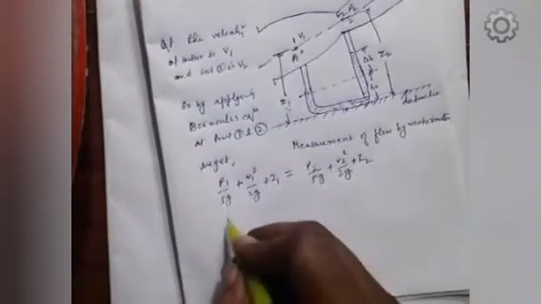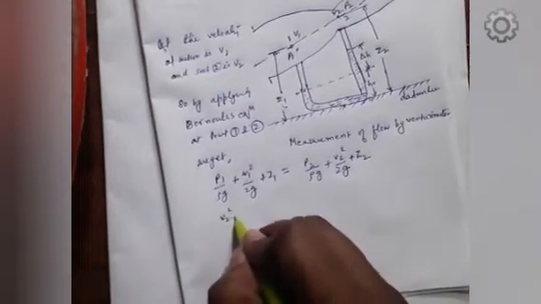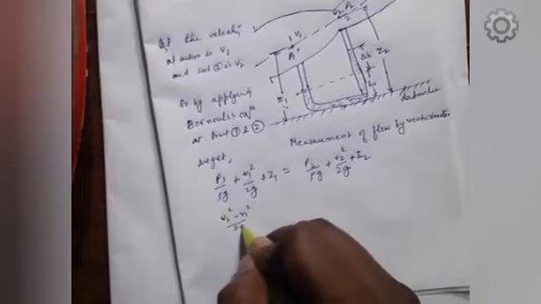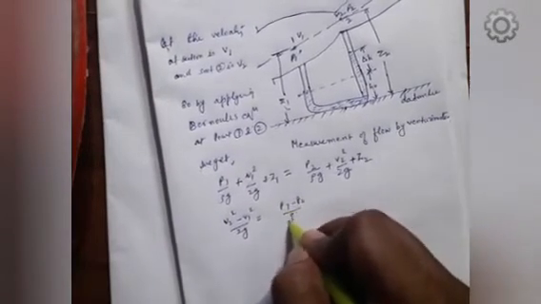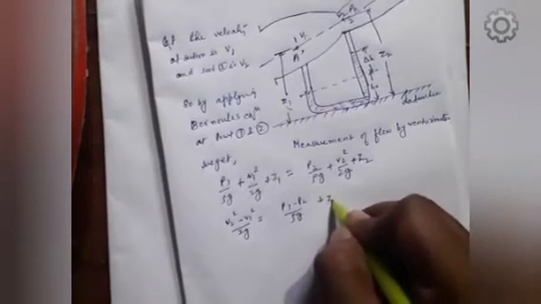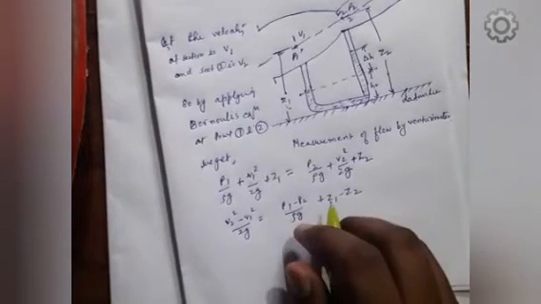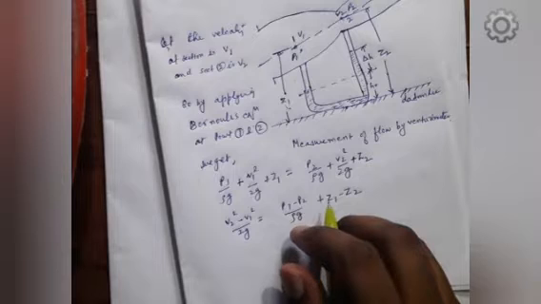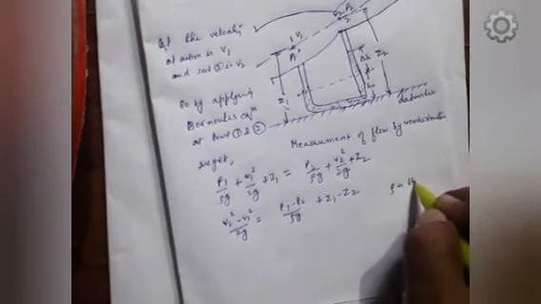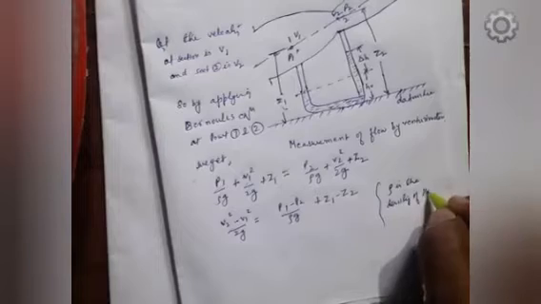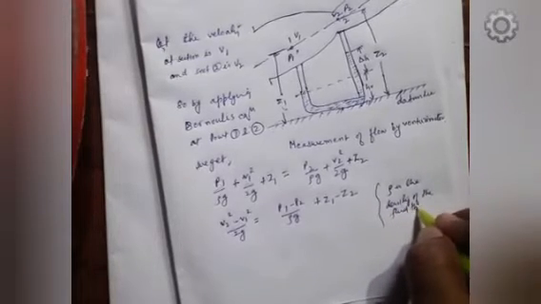So, V2 square minus V1 square by 2g equals P1 minus P2 by rho g plus Z1 minus Z2, where rho is the density of the fluid through the venturimeter.